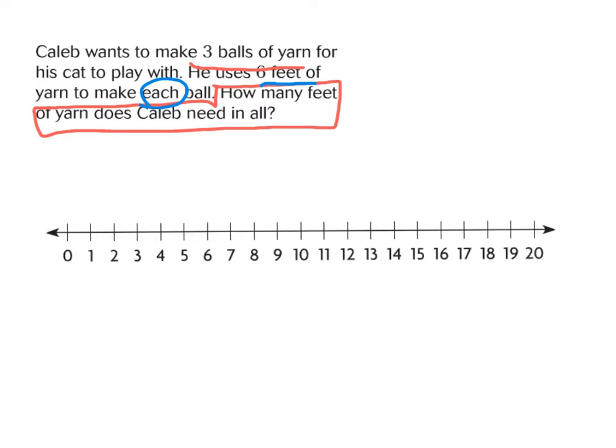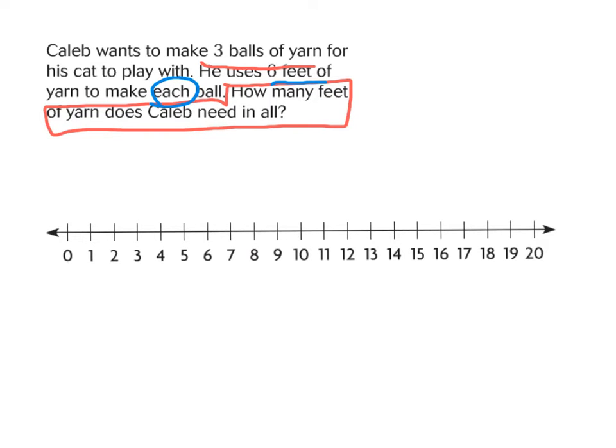Well, it says that he uses 6 feet of yarn to make each ball, so that's the answer right there. 6 feet is going to be in each group. And what do we need to find? Well, the question is right here. We need to find how many feet of yarn in all.